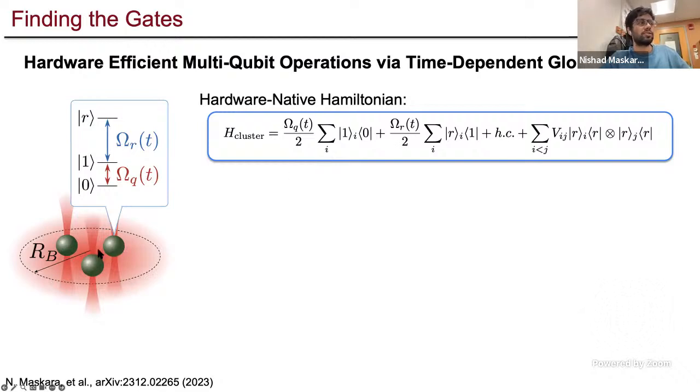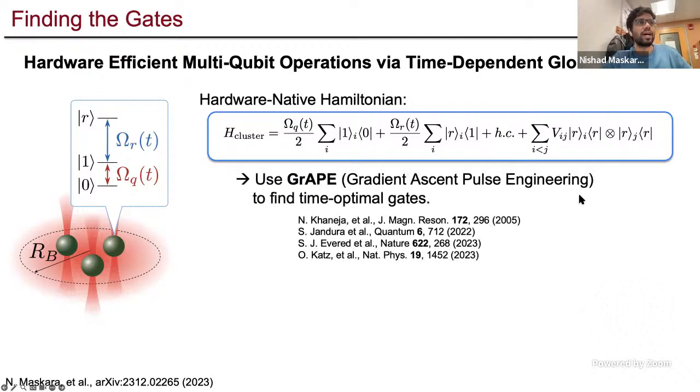So in particular, when 2 atoms are in the Rydberg state simultaneously, this costs a very large amount of energy, encoded by this interaction term here. So, this Hamiltonian generates these strong interactions and has some flexible degrees of freedom. In particular, the lasers that we use to drive the 0-1 transition and the 1R transition both can have a variable amplitude and a variable phase.